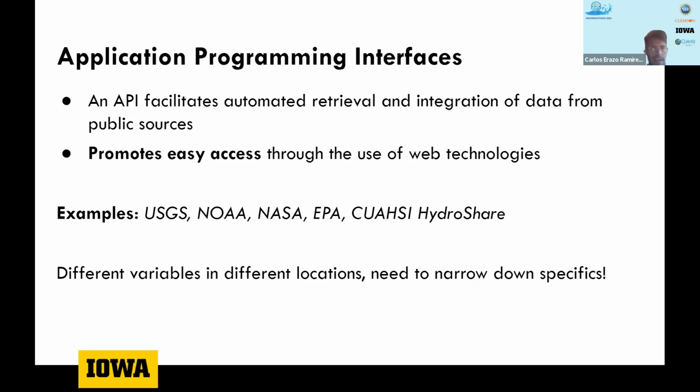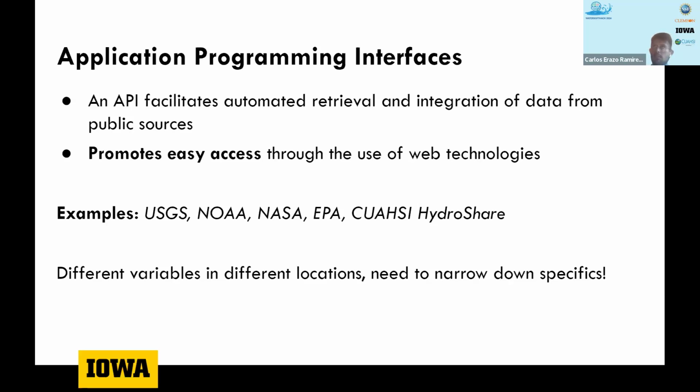It facilitates an automated way of interfacing with that, and particularly for data sources, the retrieval and integration of information from public sources. And it promotes easy access through the use of web technologies. Examples of this are the public agencies such as USGS, NOAA, NASA, the EPA, quasi HydroShare.